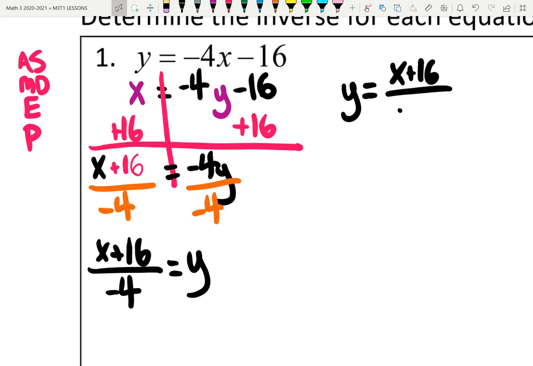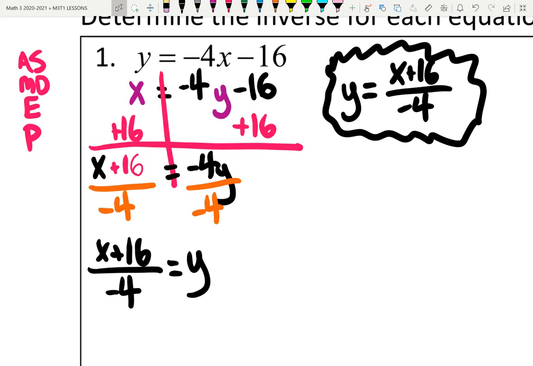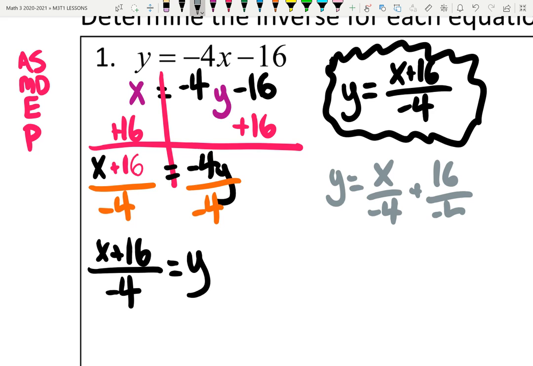or I can actually go ahead and divide both by negative 4. So my other option would be y equals x divided by negative 4 plus 16 divided by negative 4. I'm going to move that negative up in the front.